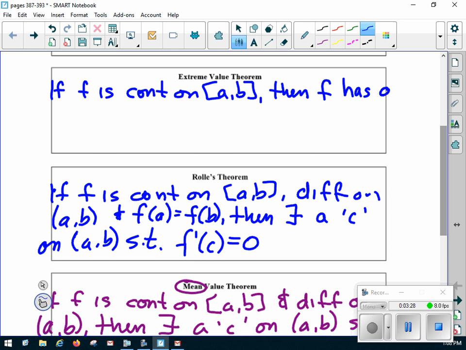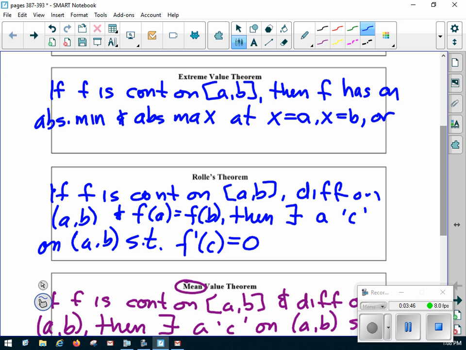Then f has an absolute min and an absolute max at x equals a, x equals b, or at some value on the open interval, so some value between a and b. I'd like for you to write it like this just to remind yourself it could be at the endpoints.